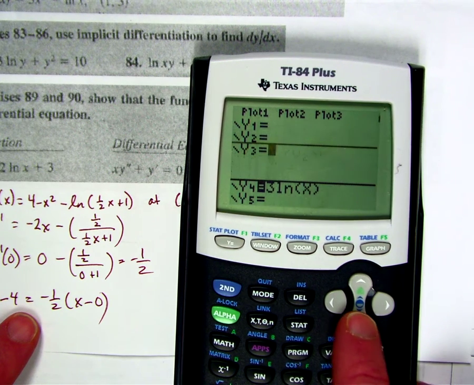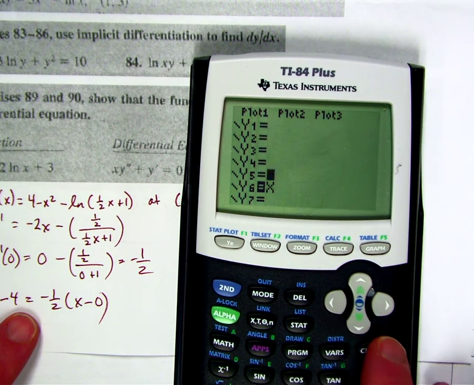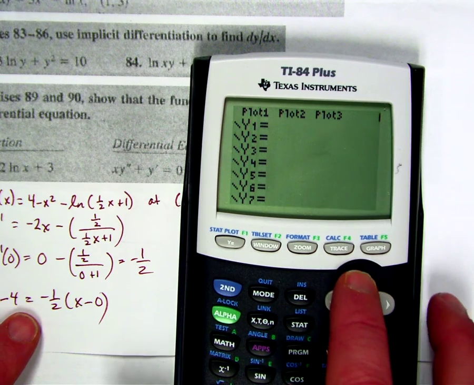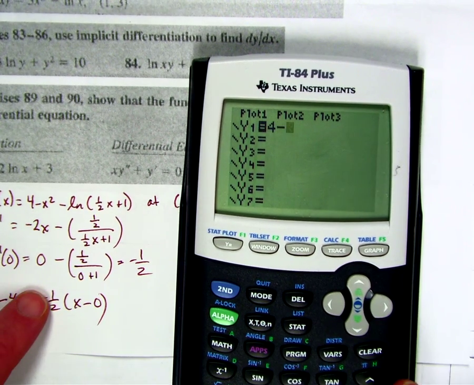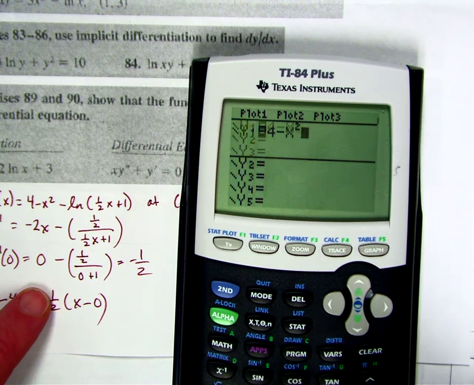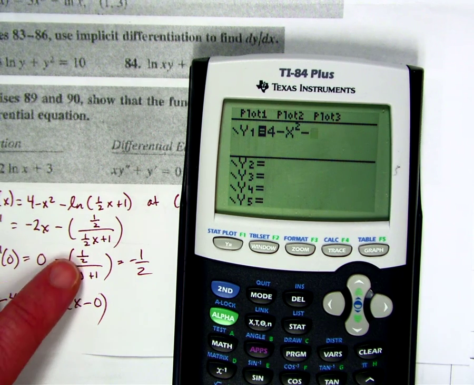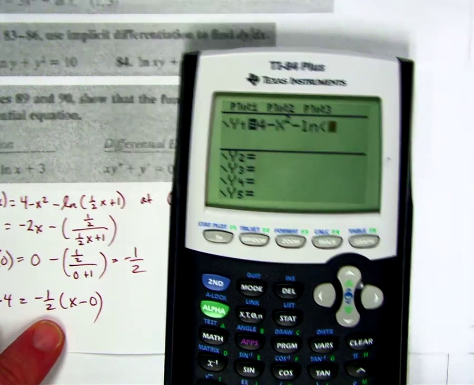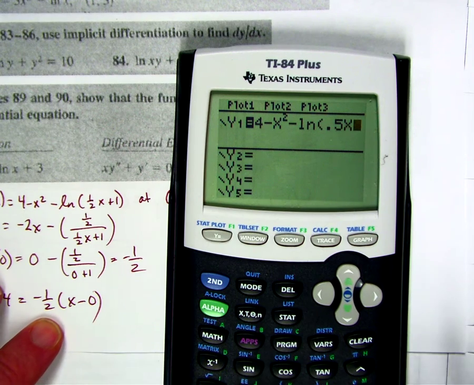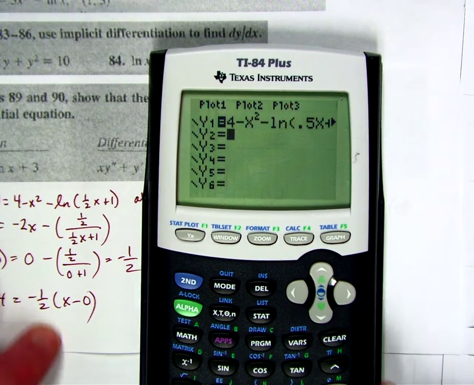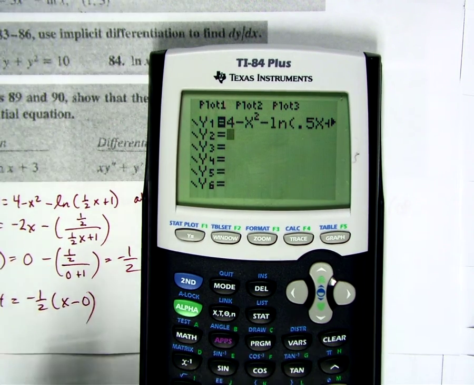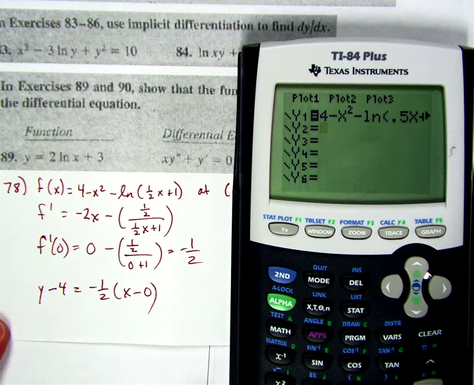Alright, oh boy, got some logs in there. So the function, making me clear out all my derivatives set up. All this neat stuff. So the original function, 4 minus x squared minus natural log, I'm going to do 0.5x so I don't worry about the fraction, plus 1.